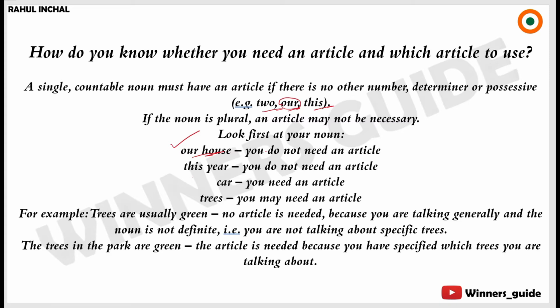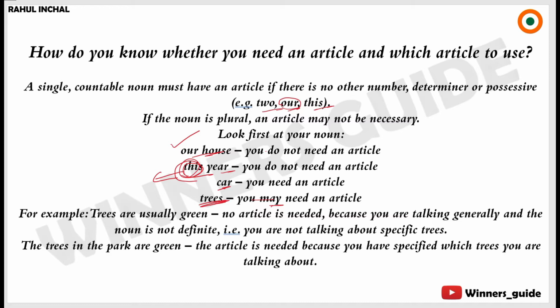Remember? This year, you do not need an article when the word this is used because it is specified. This says which year is specified. Correct? Now, if you have car, you do need an article because this is a singular countable noun with no determiner already. Okay, so we use an article here because it depends on whether the noun is definite or not.